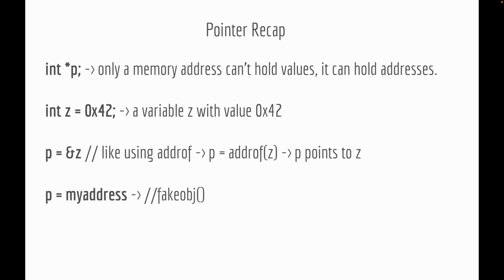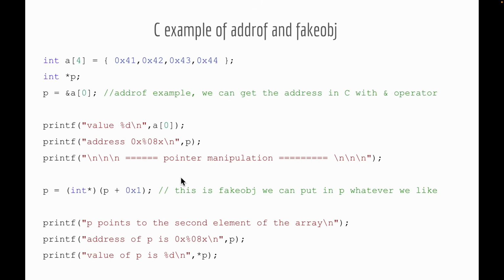So once we understand this, I want to give you an idea of how this code could look. Imagine we have a vector of 4 elements, a vector of integers, so it contains 41, 42, 43, 44, A, B, C, D in ASCII.